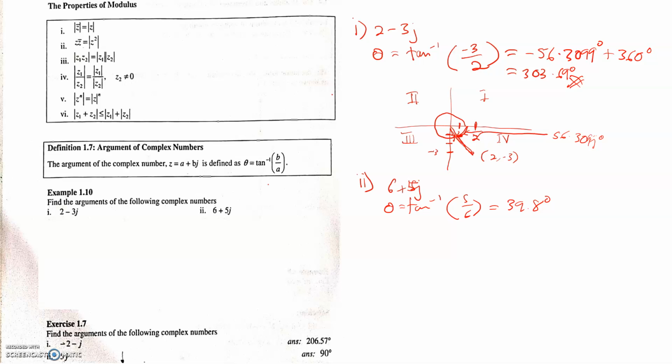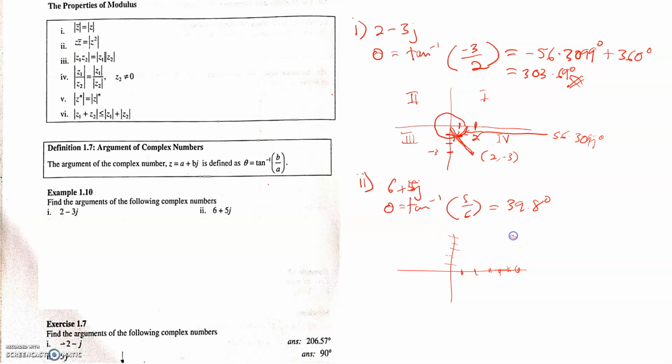Okay, you can cross check it with the area. So we have 6 for a. Just put it anywhere, 1, 2, 3, 4, 5, 6, and then you have 5 for b, 1, 2, 3, 4, 5.